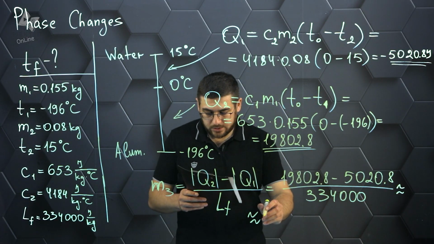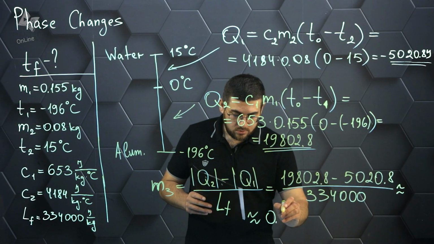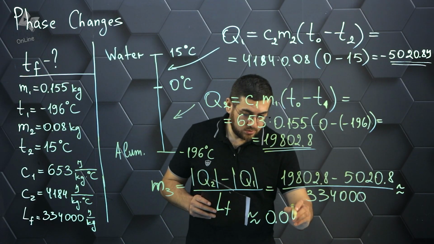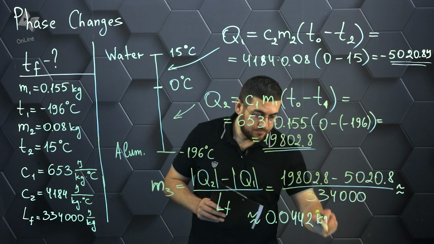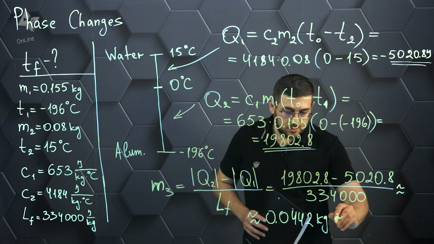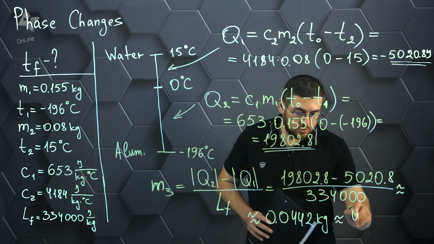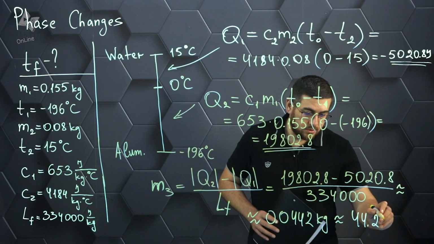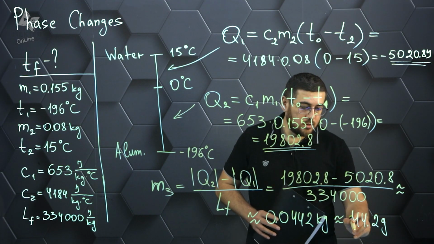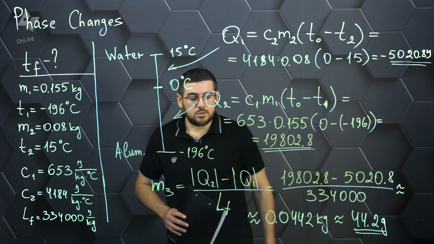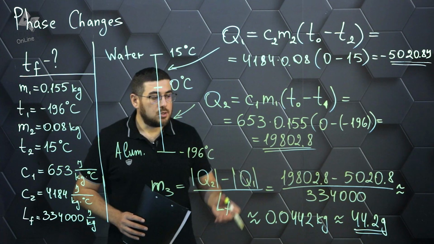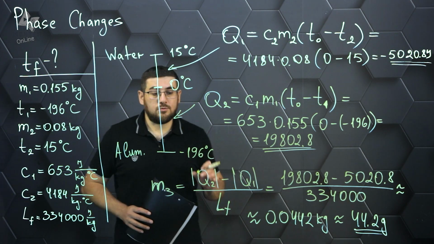After carefully performing all of these calculations step by step, we arrive at an approximate value which is about 0.0442 kilograms. If we want to express this mass in grams instead of kilograms, we simply multiply by 1,000 and that gives us a value of approximately 44.2 grams. This is the final answer after all the necessary mathematical operations have been completed.